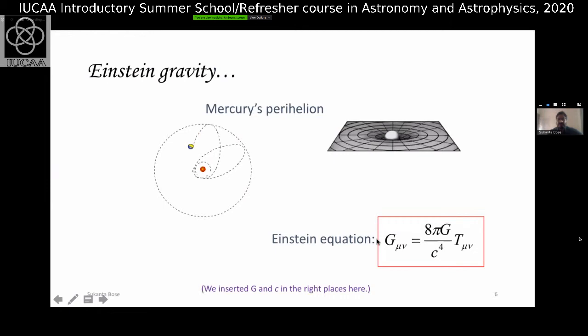And that big G is different from this G mu nu. G mu nu is the curvature tensor, a type of curvature tensor, the Einstein tensor, whereas this big G is that universal constant of gravity, okay? So the Newtonian limit tells us that G mu nu is proportional to T mu nu, and this proportionality factor involves Newton's gravitational constant and the 4th power of the speed of light.